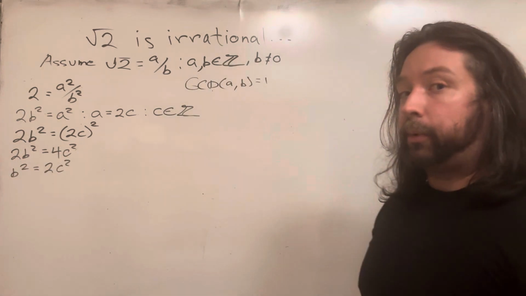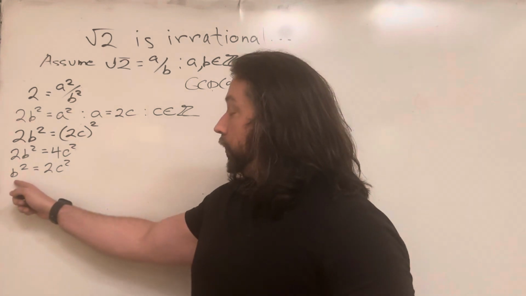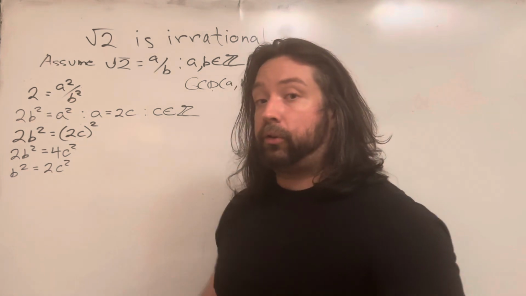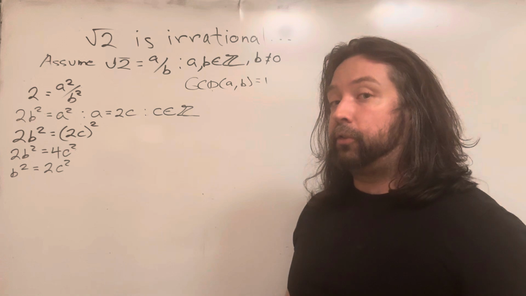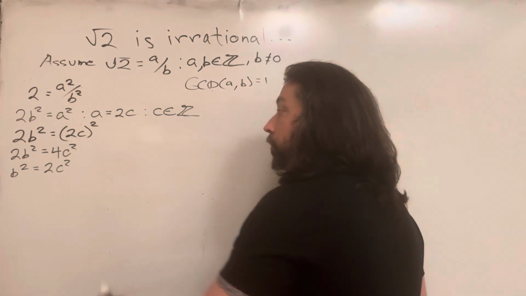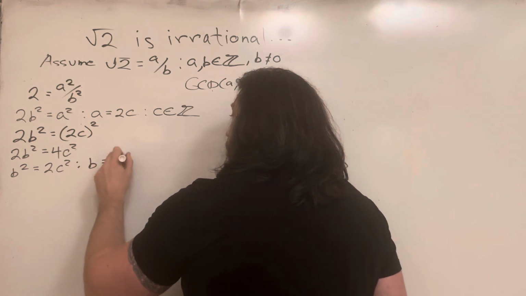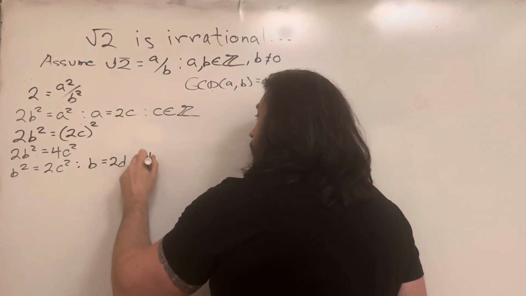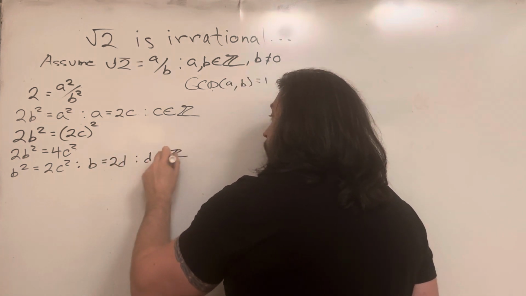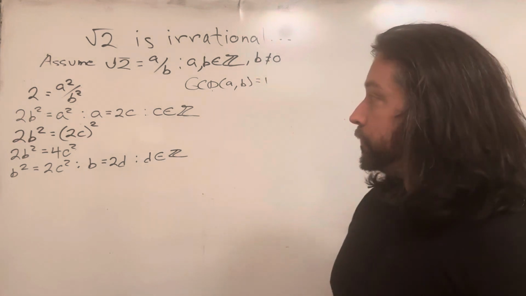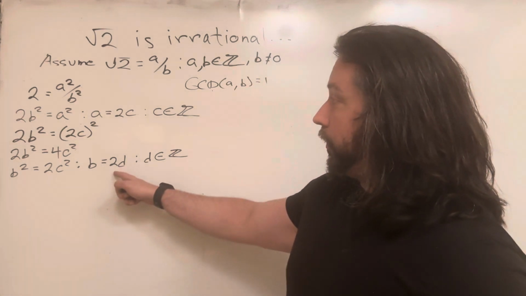But notice what this means. If b squared is an integer and it's divisible by 2, then b must also be divisible by 2. And so that means I can write b as equal to twice d, such that d is an integer, right? But do you notice the contradiction here?